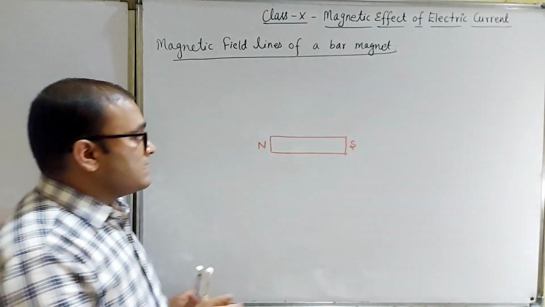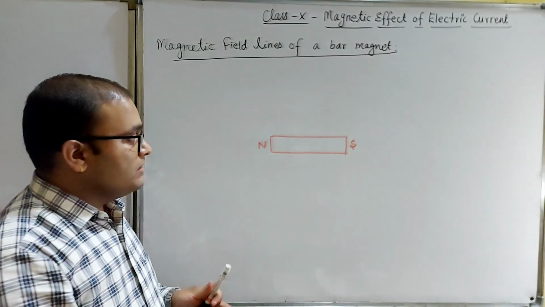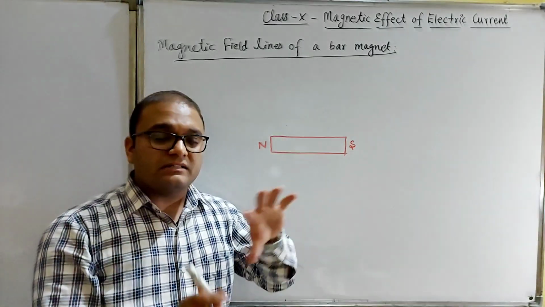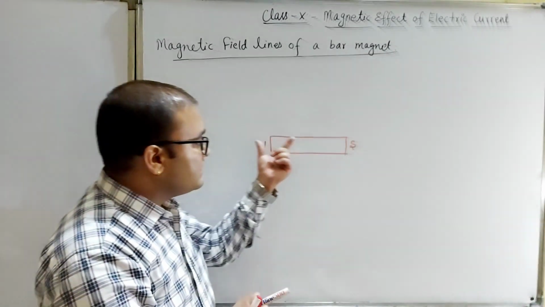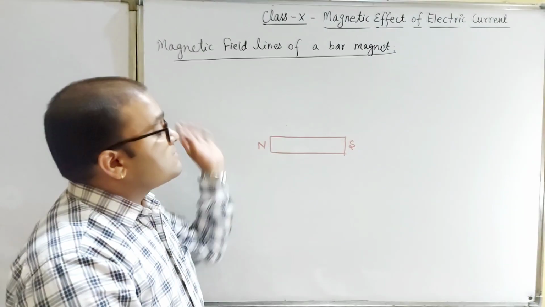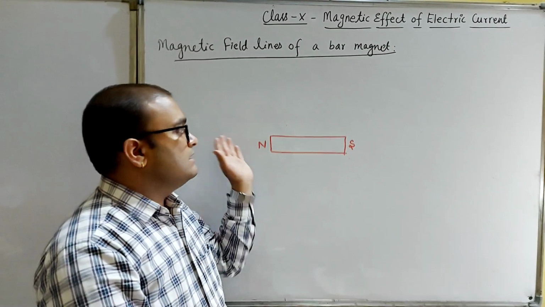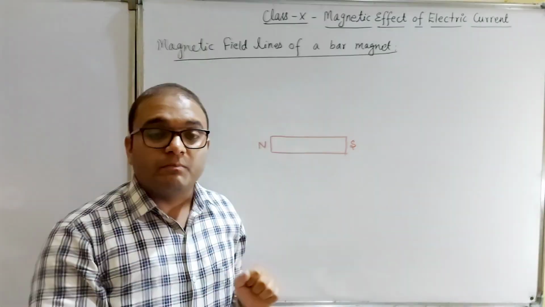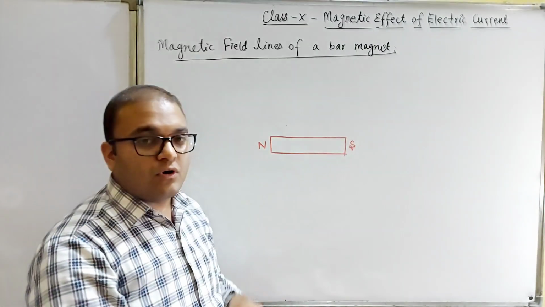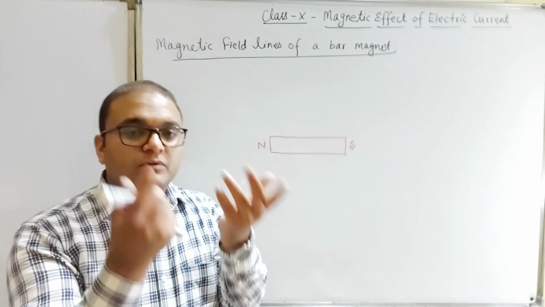So actually, what are the magnetic field lines? Magnetic field lines are imaginary lines in space, along which a magnetic north pole or the north pole of a compass needle would move.